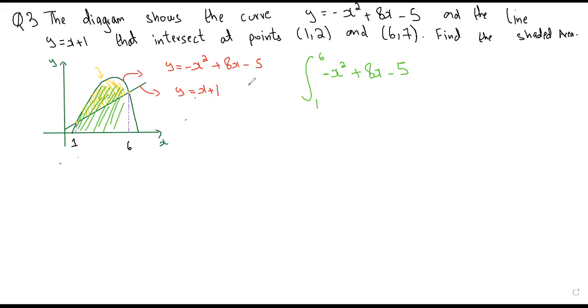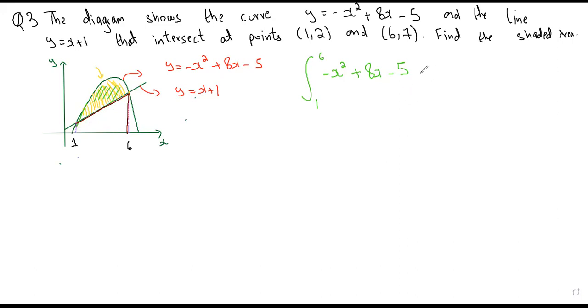And if we subtract the area of this trapezium right here, we are going to get the yellow region only, right? Is this okay? If we subtract the area of the trapezium, we are going to get the shaded region only. So this is how we do such questions.